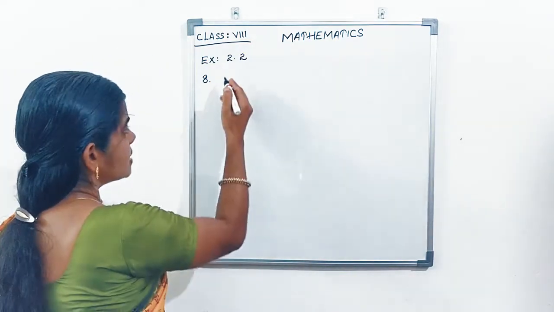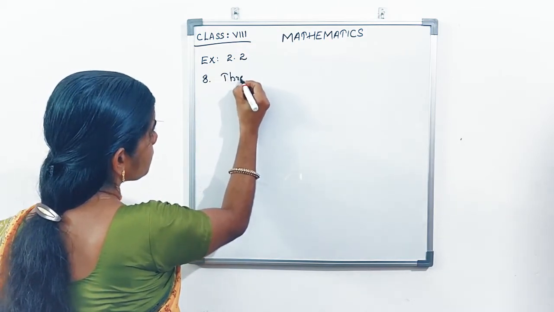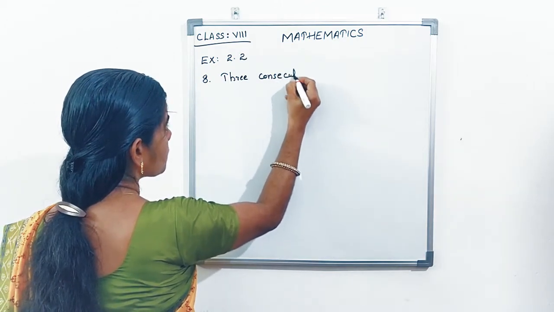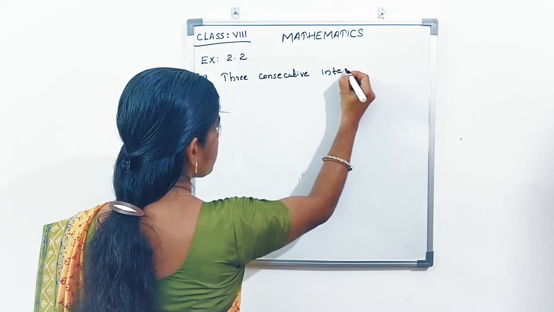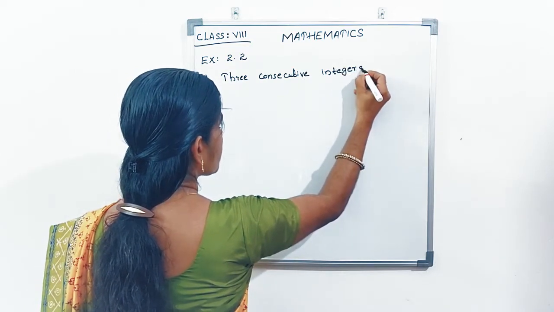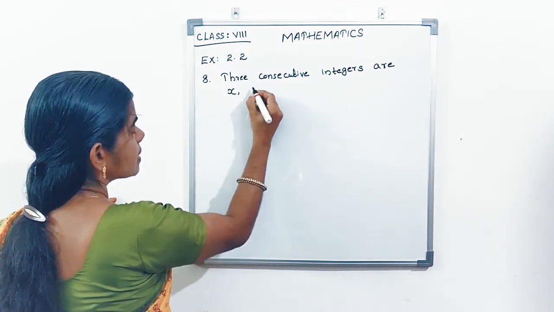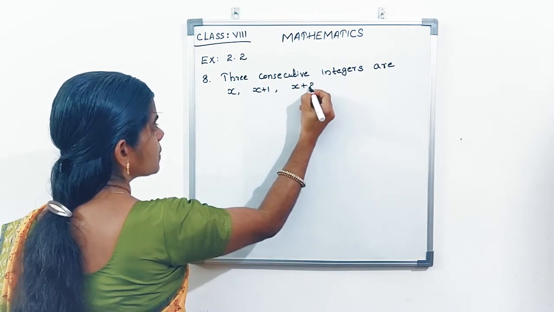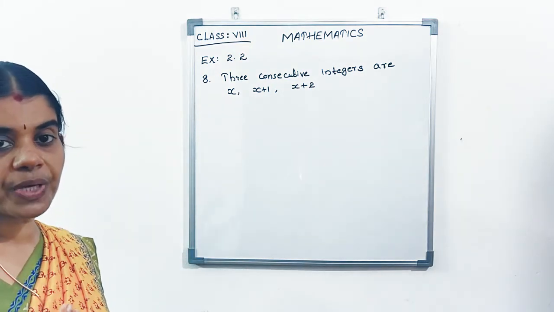The three consecutive integers are x, x plus 1 and x plus 2. Consecutive integers means close numbers, like 2, 3, 4.